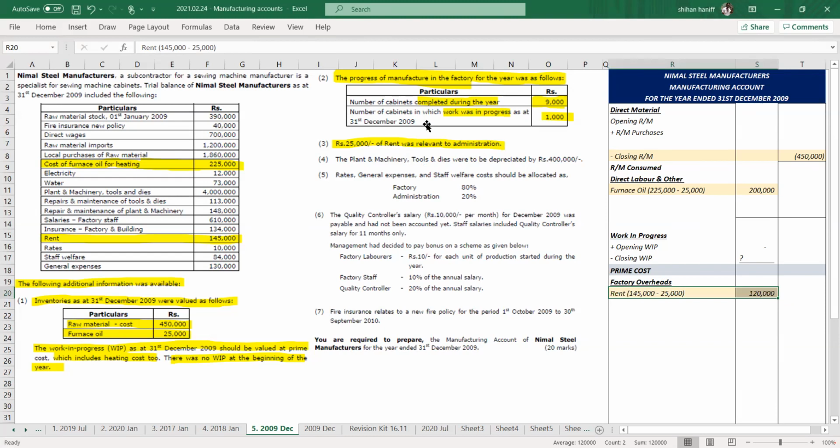The second adjustment I still didn't do. We will do it when we calculate the closing revenue.